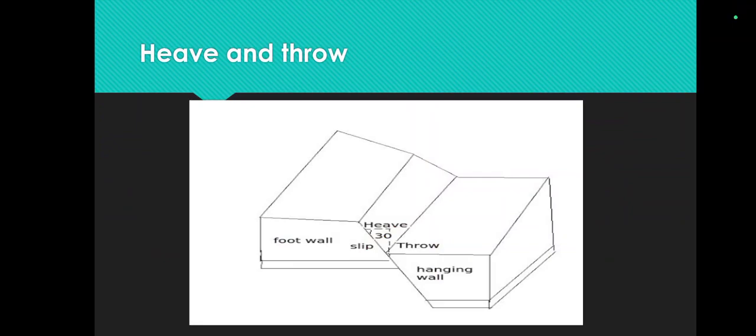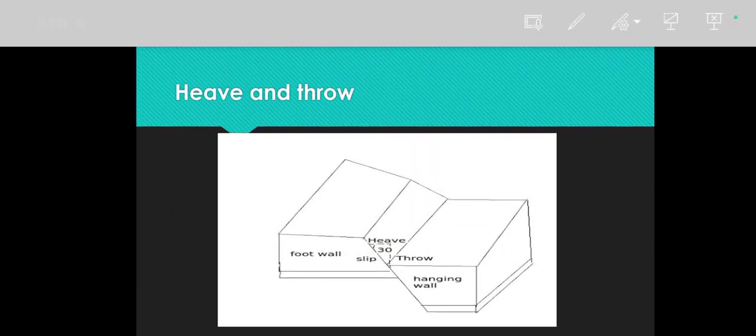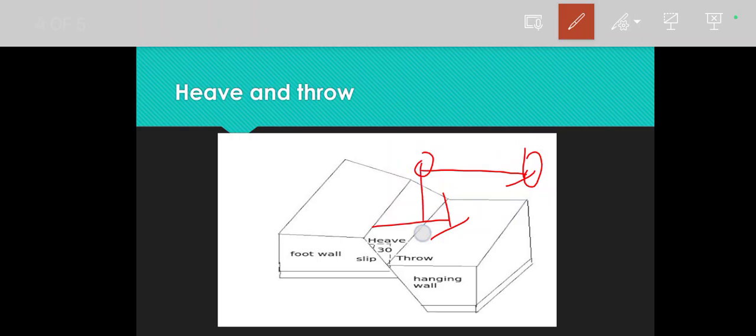Heave and throw is described in terms of what amount of horizontal shifting and what amount of vertical shifting. Heave is in the horizontal direction, that is, this hanging wall is shifted from this position to this position.